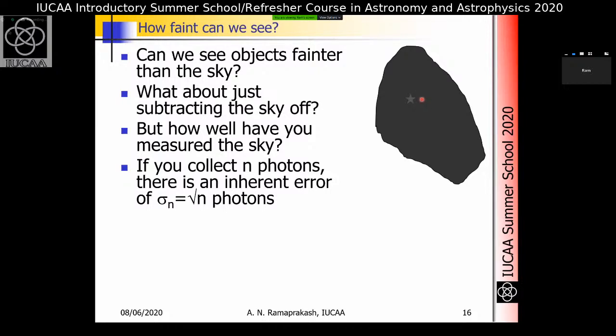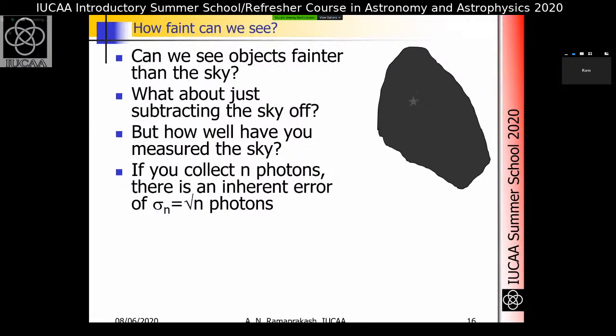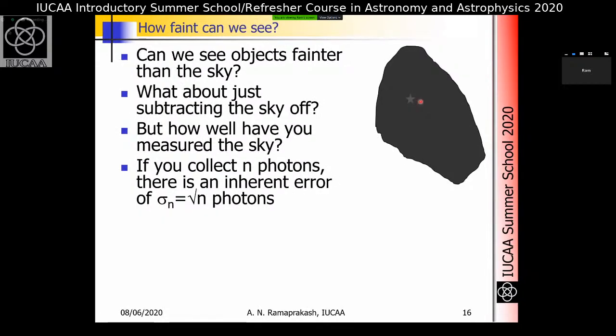I know that measurement is uncertain to an extent of 100 plus or minus 10. So I know it's only to that extent. So if I collect 1,000 photons from here, that measurement is accurate only to the extent of 1,000 plus or minus root 1,000, plus or minus 33, for example. That is the accuracy I can get.